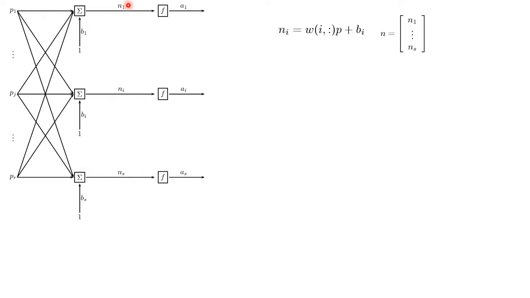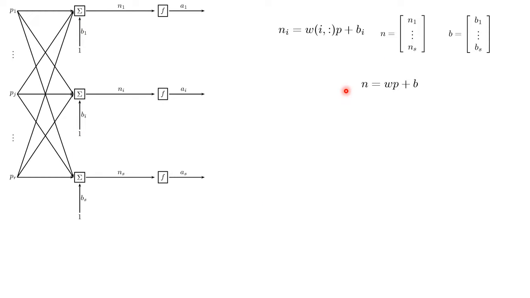That means that the input into this layer of neurons is a vector N1 to NS. So we write that as a single vector N, and the bias is a single vector B whose components are B1 to BS.